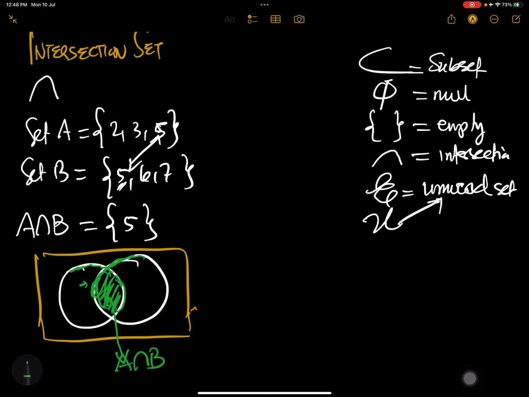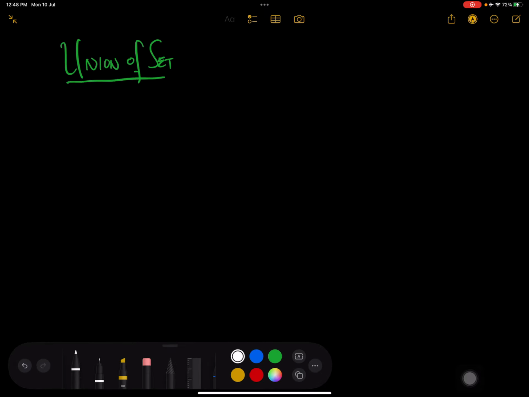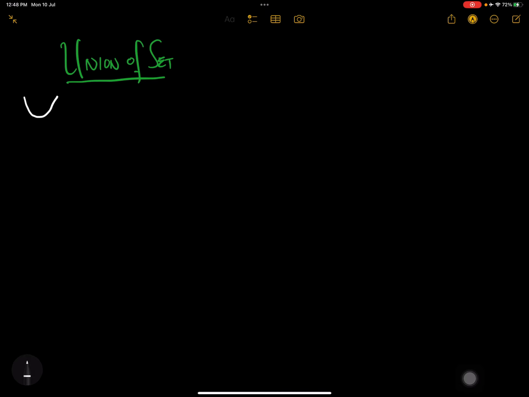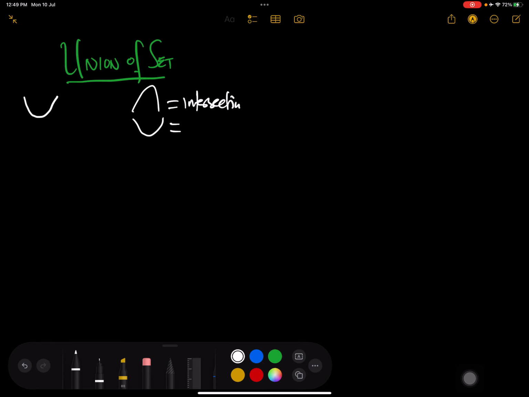Now we're going to look at the union, or the union of sets. Let's quickly look at the union of sets. With the union of sets, the symbol here is the reverse of the intersection symbol. Remember, we said that this is intersection. When we flip it like a valley, that gives us a union.